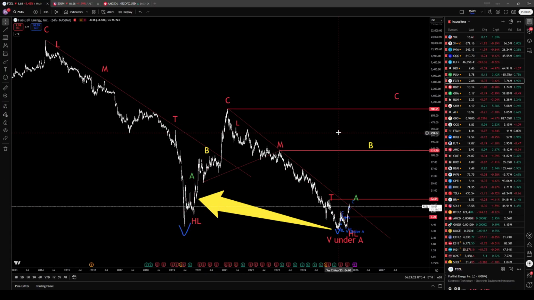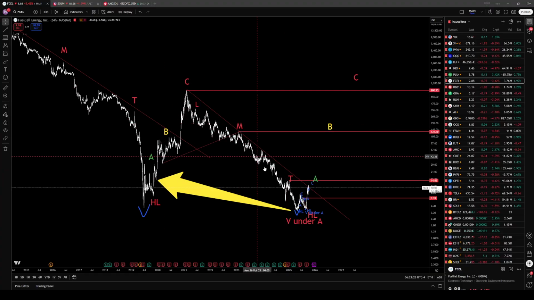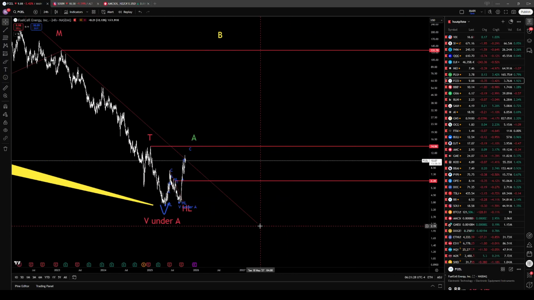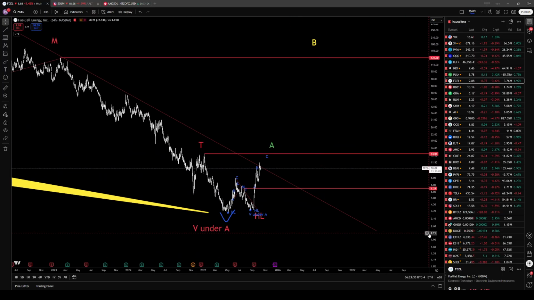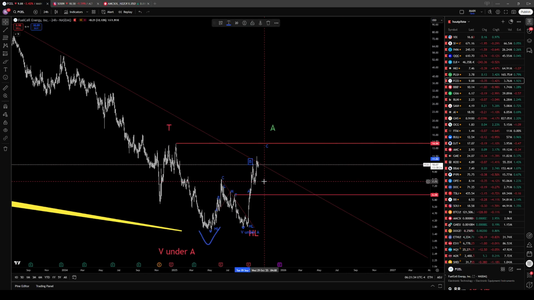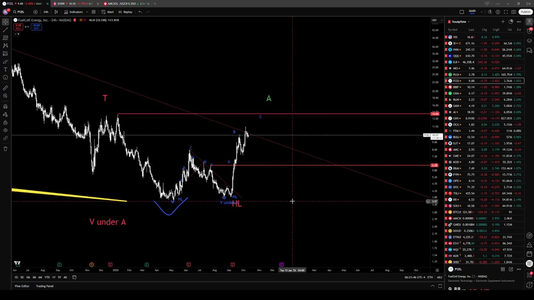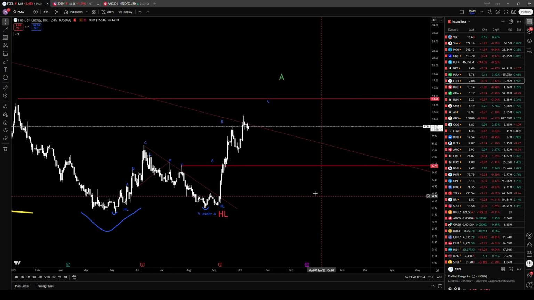Then again, ABC, lower high, lower high, MT. Still right now, in my opinion, for fuel cell, we didn't do the A peak yet, just because of the small tracking.